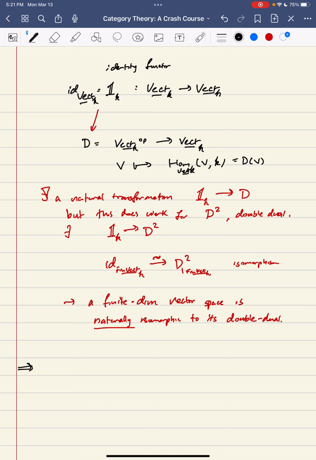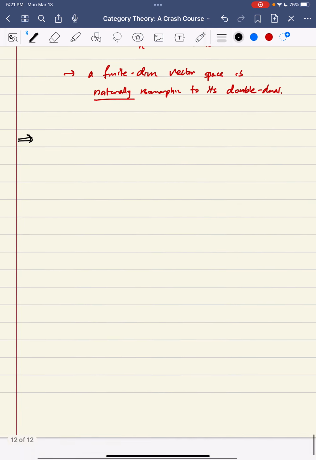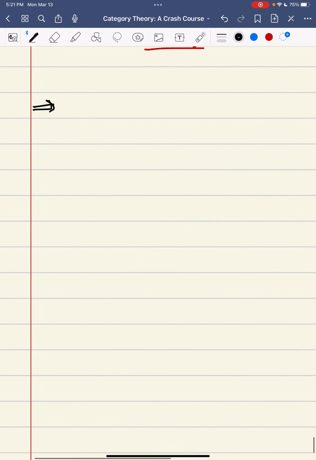So the main subject for this lecture is the following. This is something called the Yoneda lemma. So we talked a lot about these abstract functors, all this abstract nonsense so far.